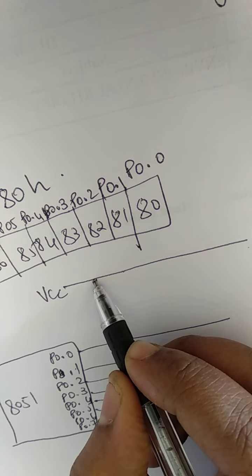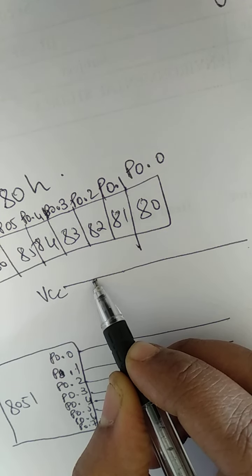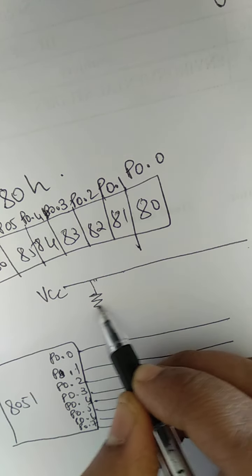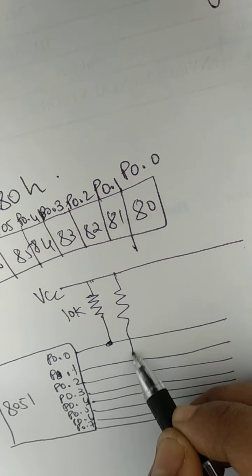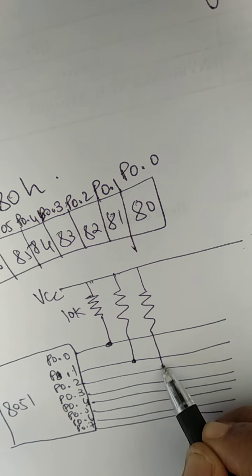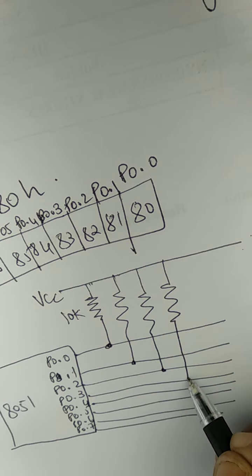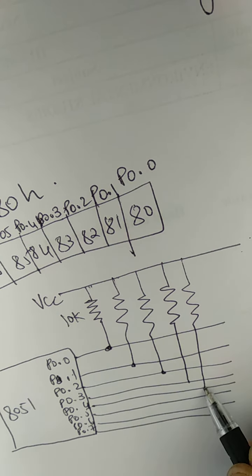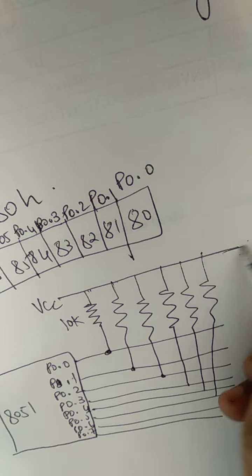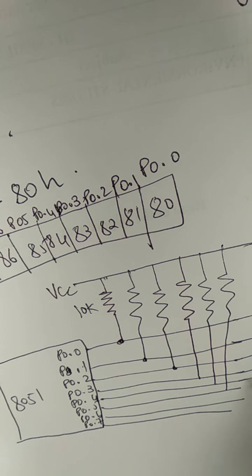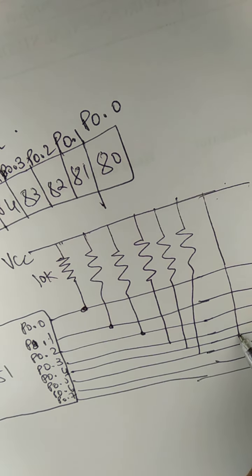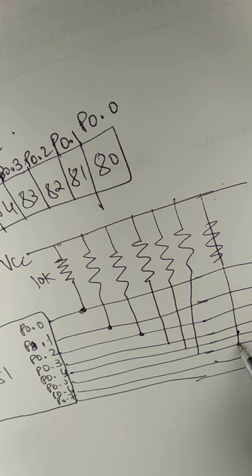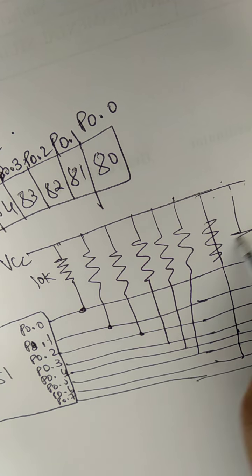Each 10K resistor is connected to each pin, pin number 0, 1, 2, 3, 4, 5, 6 and 7.